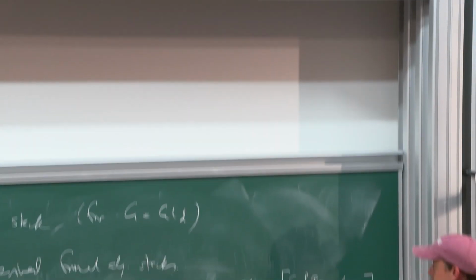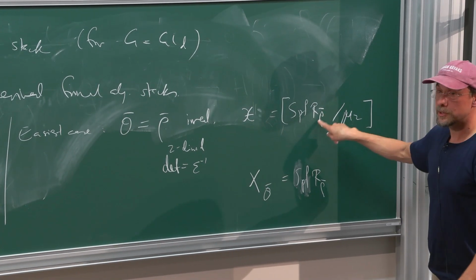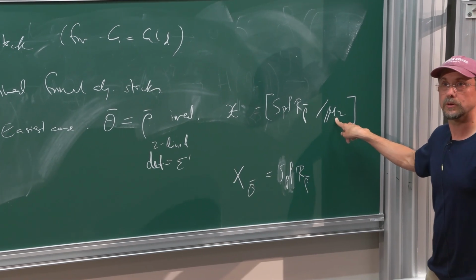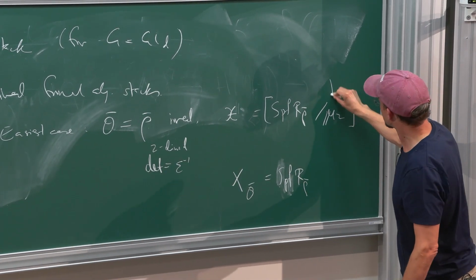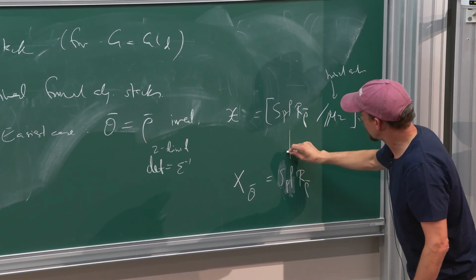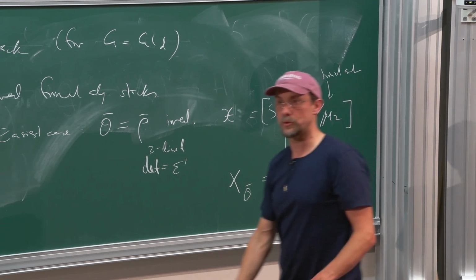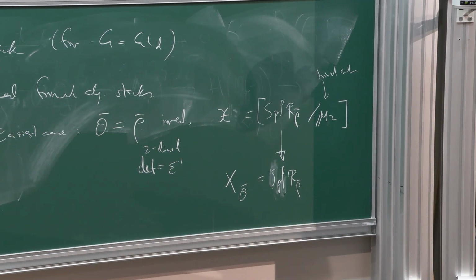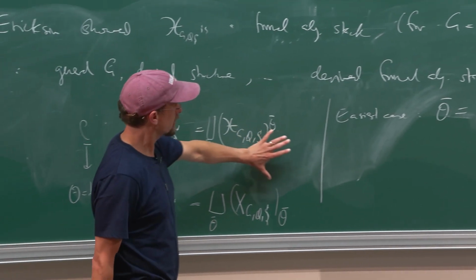So the stack will be the universal deformation space modulo a trivial action of mu_2. So this is acting trivially, and the map where you remember the trace will be forgetting the mu_2 action. That's maybe the easiest case of this picture.